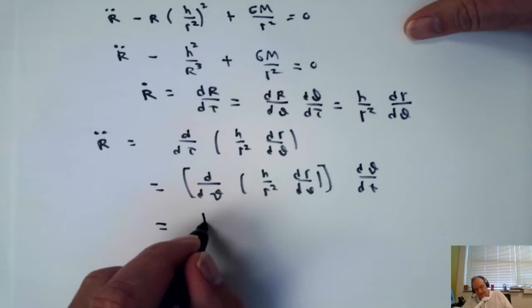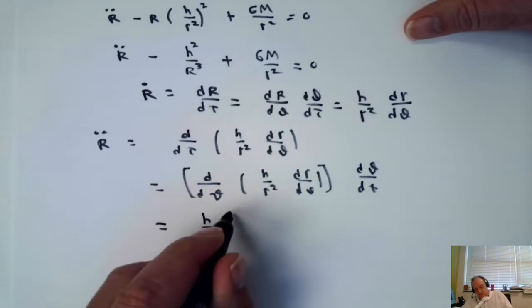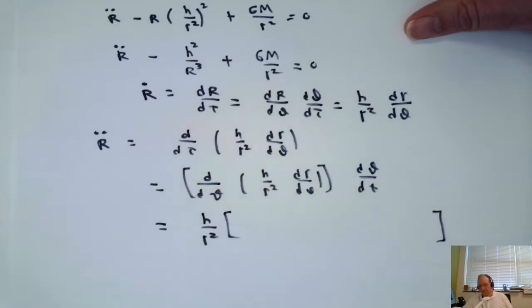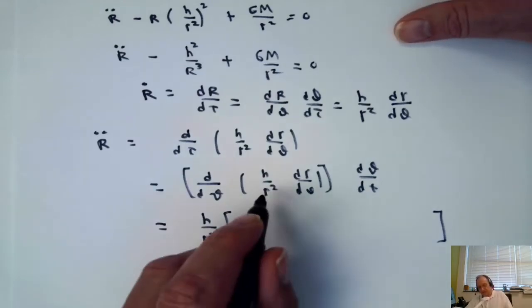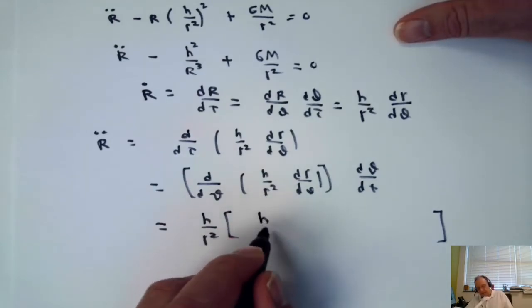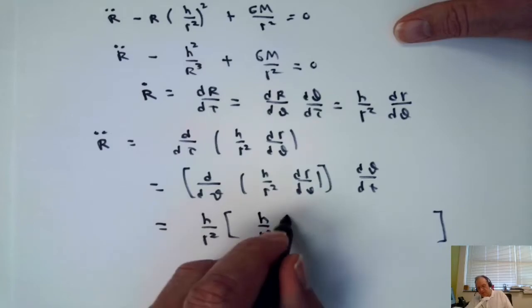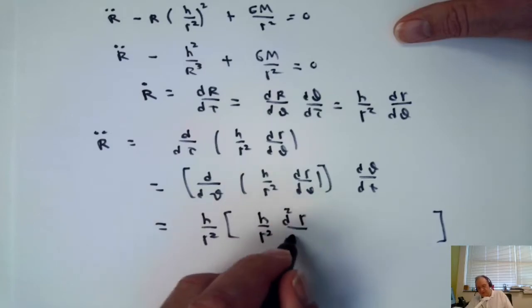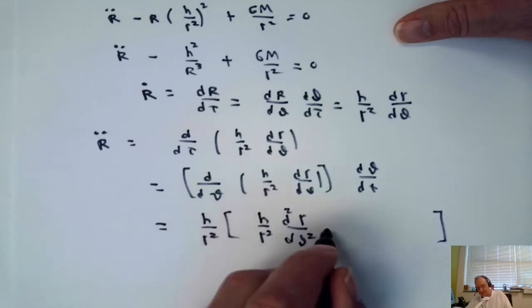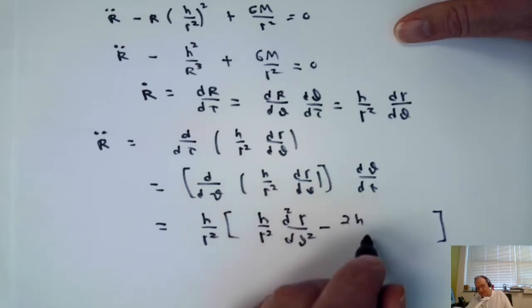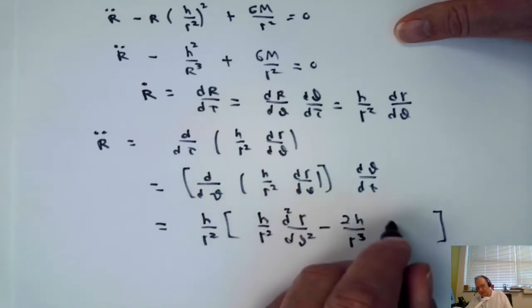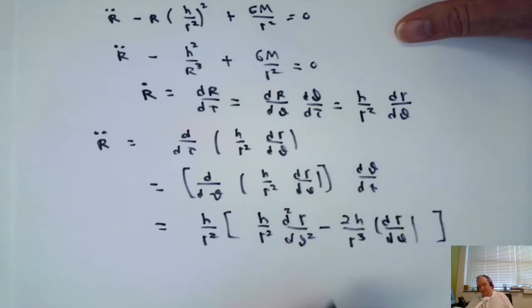I'll write that out front. I'll have to use the product rule and the chain rule to get the rest of it. Here I'm going to have h over r squared, the second derivative of r with respect to theta, minus 2h over r cubed times derivative of r with respect to theta times the other derivative of r with respect to theta.